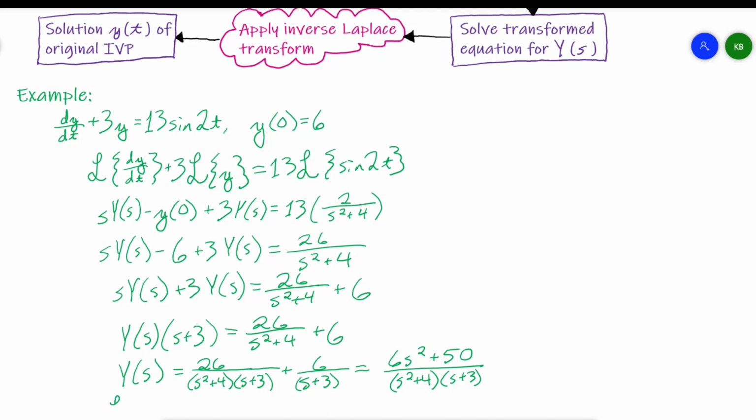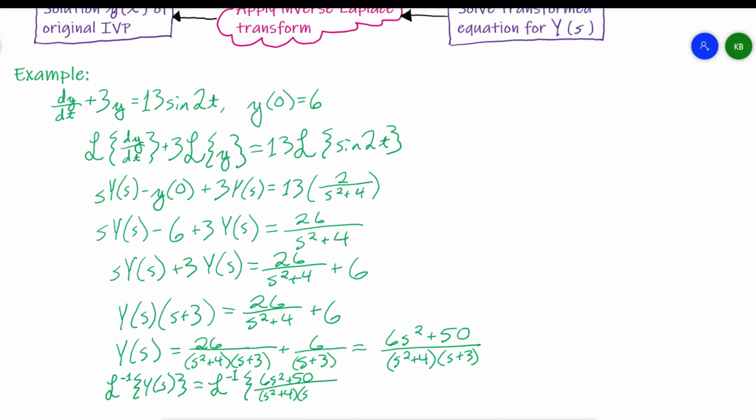What I really want is the inverse Laplace transform of Y of s, and that's going to equal the inverse Laplace transform of 6s squared plus 50 over s squared plus 4 times s plus 3. And in doing that, I'm going to get my solution of y of t.